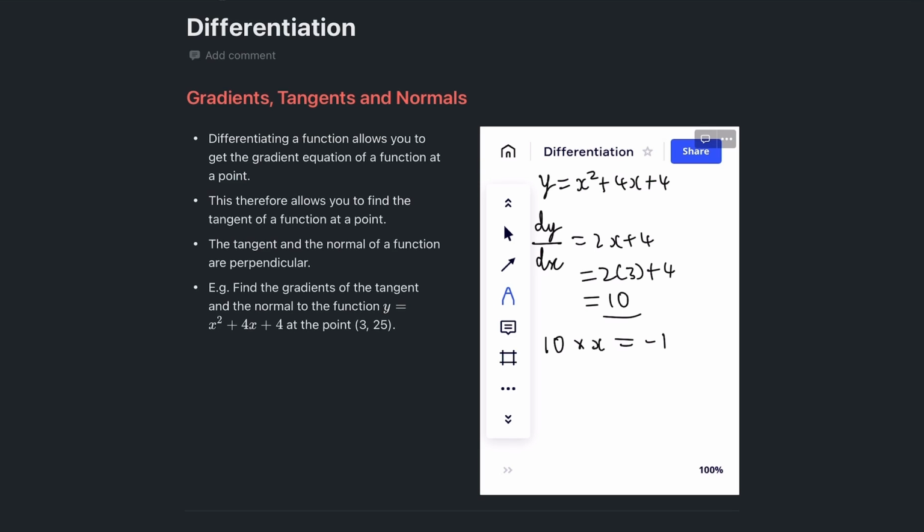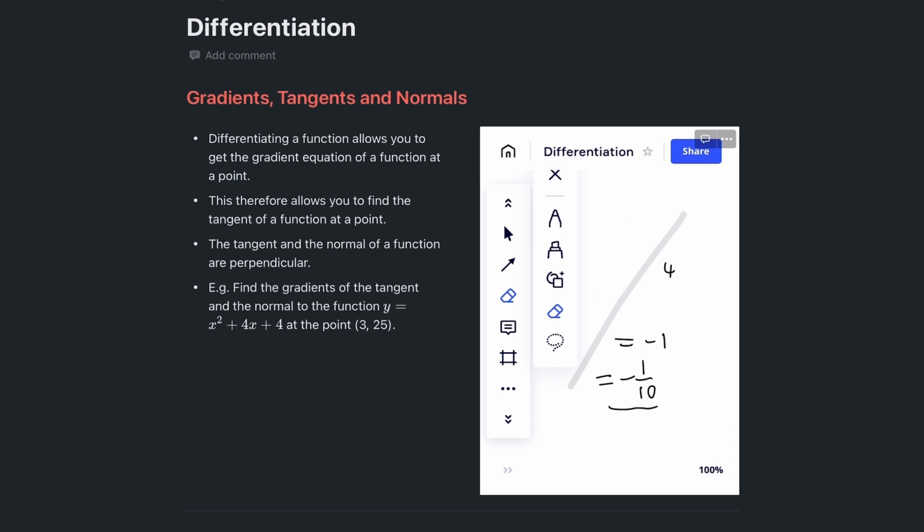So that means your x, which is the gradient of the normal, should equal -1 over 10. And yep, so now you have the gradient of your tangent and your normal. That's the easiest way of doing it, and that's it for gradients, tangents, and normals.